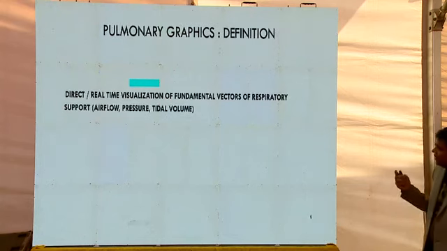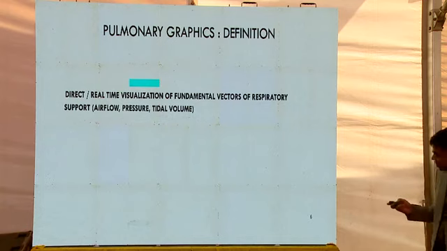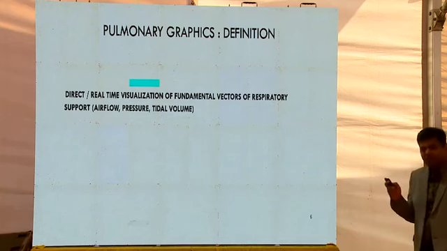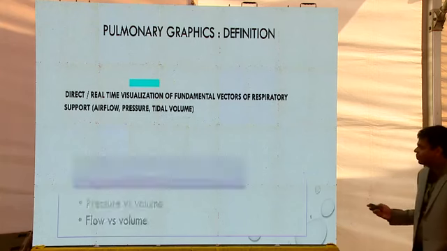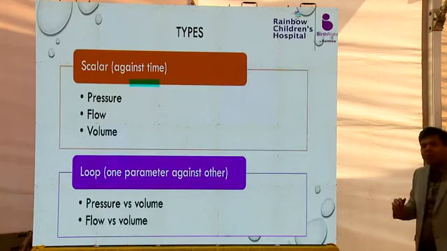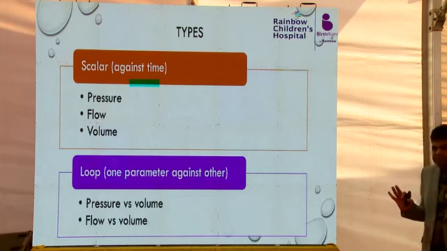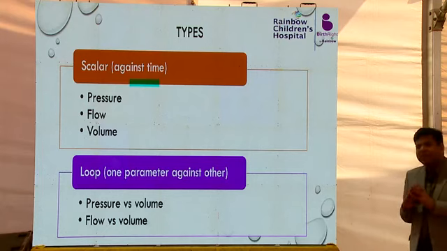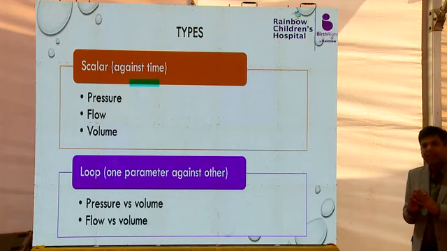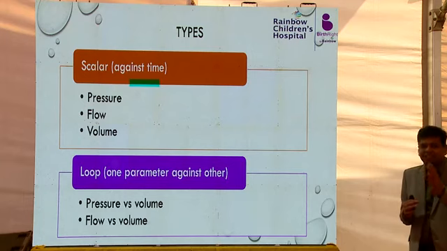The graphics are defined as direct real-time visualization of fundamental vectors of the respiratory support, that is the airflow, pressure and volume. There are two types of graphics which you will see universally. One is the scalar. In the scalar, on the x-axis there is time, and on the y-axis there is a variable.